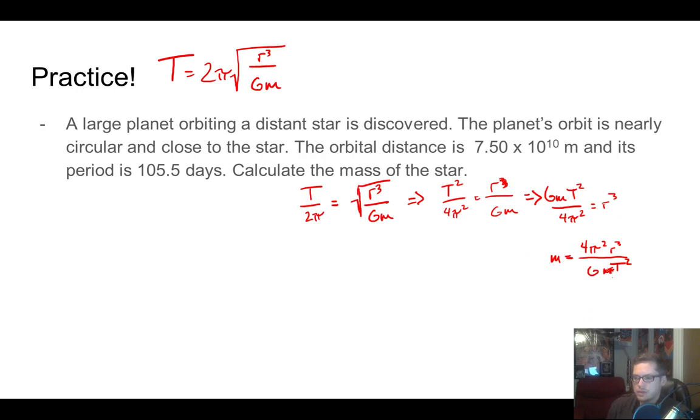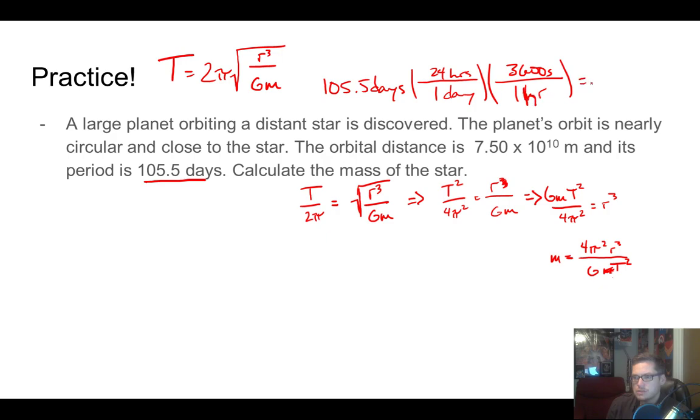Okay, and we can plug things in except for our period. Now remember, in physics we never use days for our SI unit of time. We have to use seconds. So we have to convert our 105.5 days into seconds. So we've got to do a little bit of dimensional analysis here. For every 1 day, we have 24 hours. Then for every 1 hour, we have 3,600 seconds.